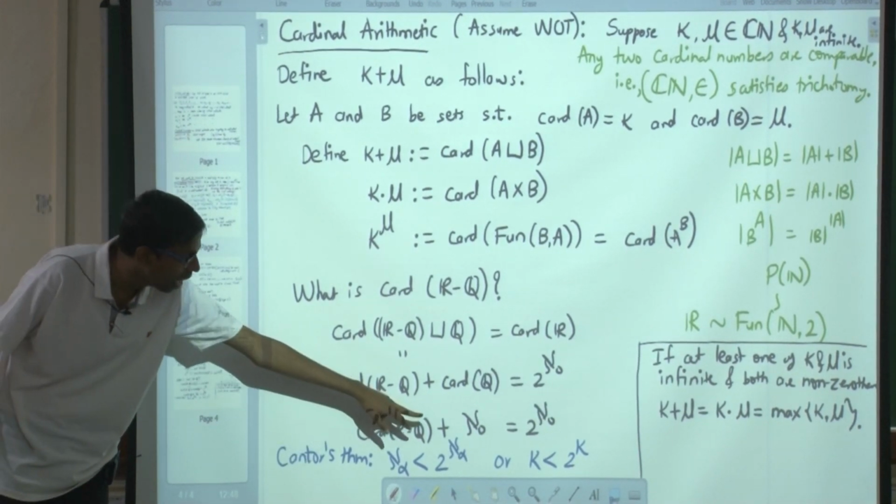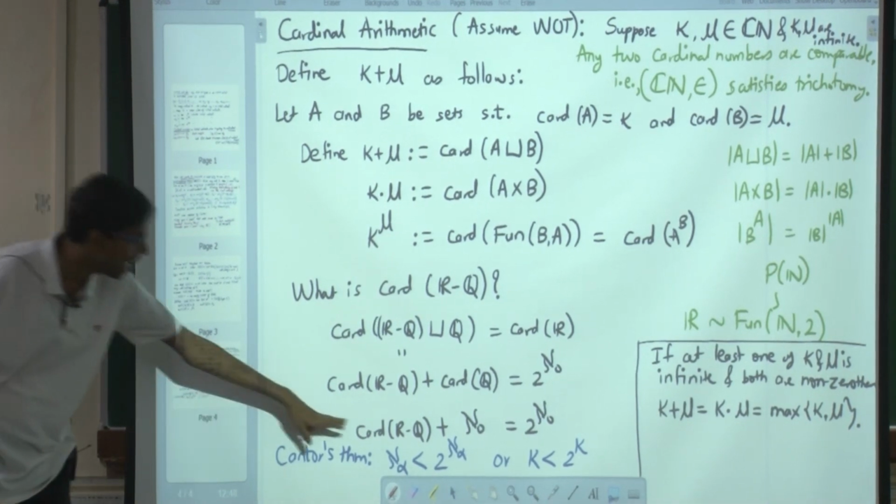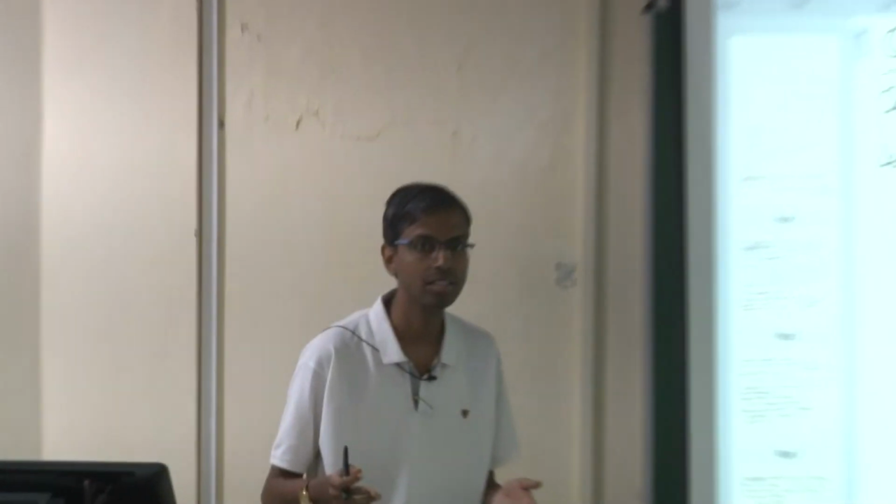Now we already know aleph naught is less than 2 to the aleph naught by Cantor's theorem. So can the cardinality of R minus Q be less than 2 to the aleph naught? No. If it is strictly less than, then the maximum of those two numbers is also strictly less than 2 to the aleph naught, which is a contradiction.